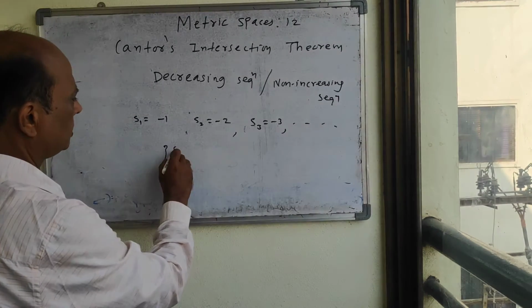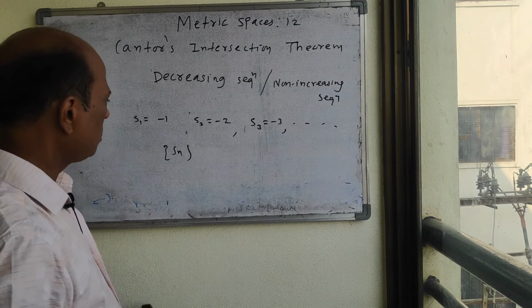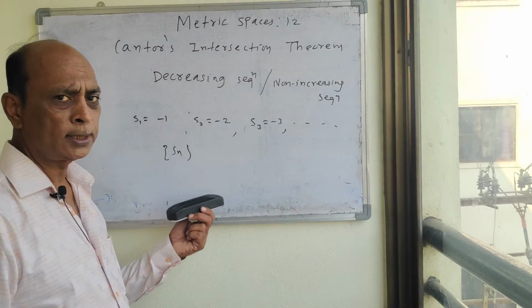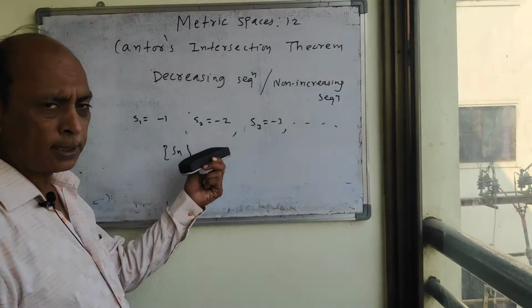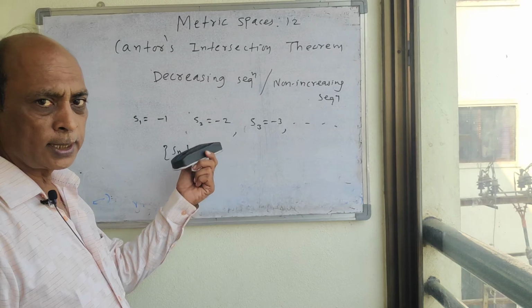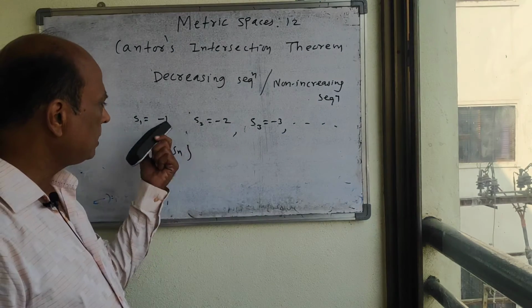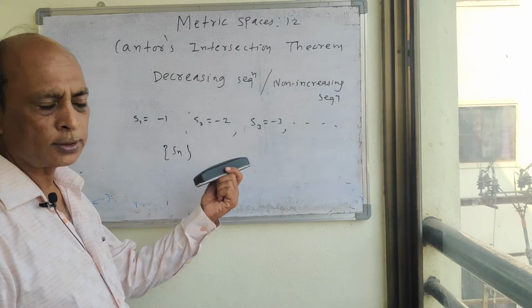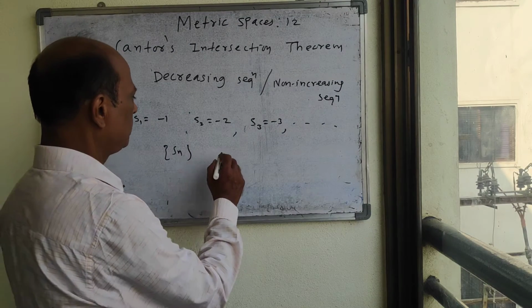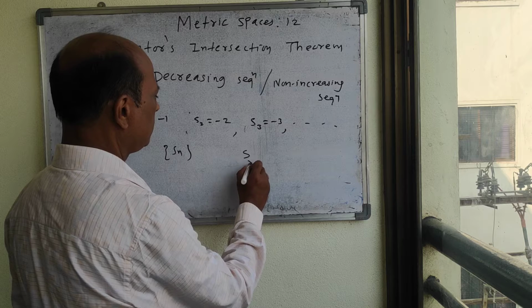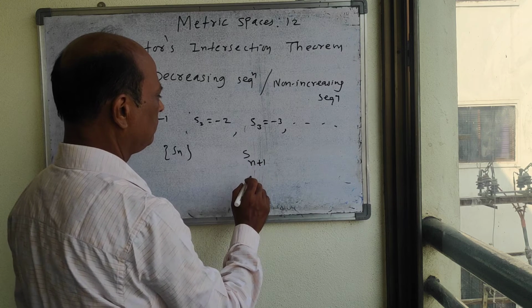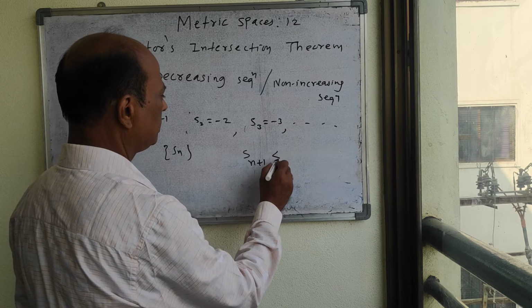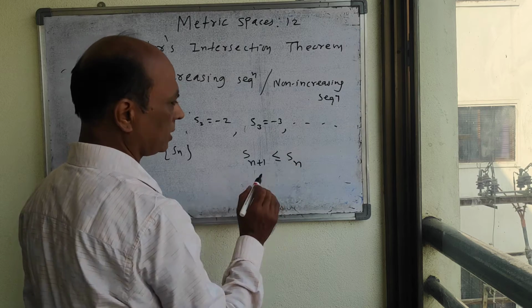And this is the sequence denoted by this. Now here the first term is -1, the second term is -2, and the second term is less than the first term. The third term is less than the second term, and so on. So in this case, Sn plus 1 is less than or equal to Sn.